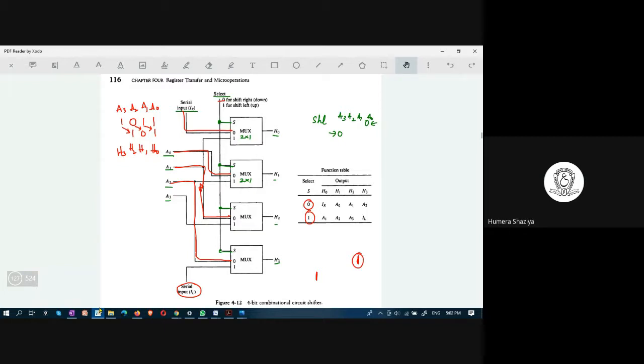Okay, so how they are writing is the reverse. If you shift to the left side, this will be left shift, 1 0 1 1. If you shift to the right side, it will be right shift. So they have used the terminology in the reverse order.